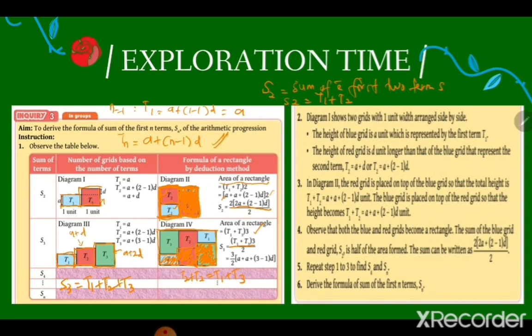Since T1 is a and T3 is a plus 2d, we get 3 over 2 in bracket a plus 2d. That is S3. Can you follow? I hope you can follow.